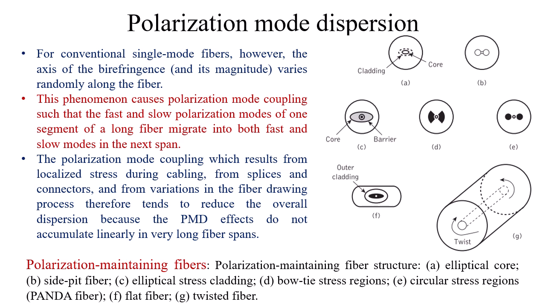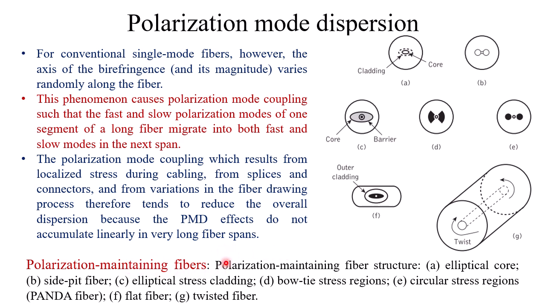The polarization coupling results from localized stress during cabling, from splices and connectors, and from variations in the fiber drawing process. During fabrication we have to draw the fiber, so during that process it tends to reduce the overall dispersion because the PMD effects do not accumulate linearly in a very long fiber span.